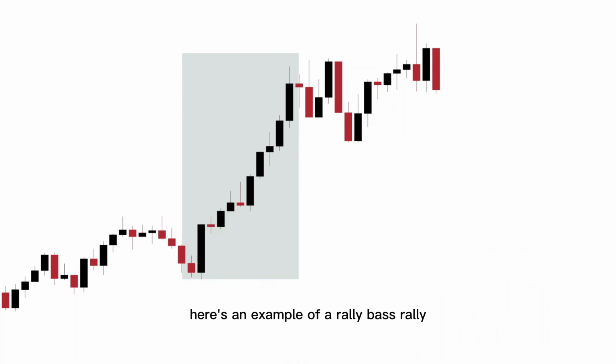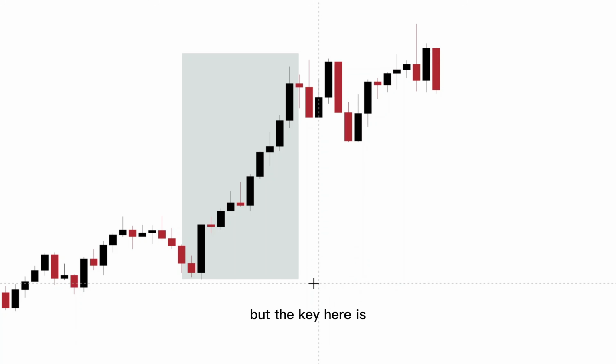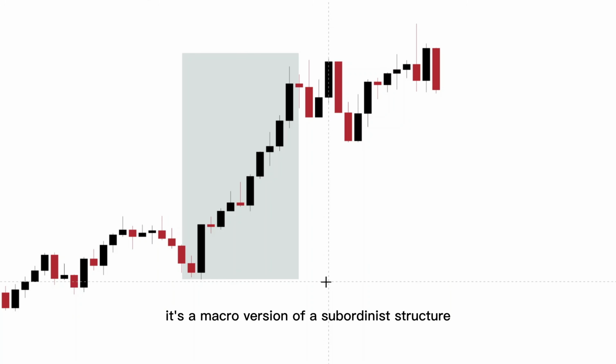So here's an example of a rally base rally. So here you have a rally, then a base, then a rally, base, rally. And the trick here is a lot of times a rally base rally or a drop base drop structure is a support and resistance structure. But the key here is it's a macro version of a support and resistance structure.